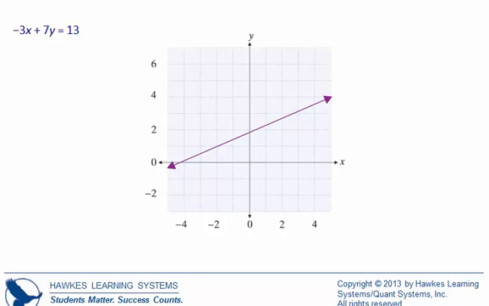Part B of our problem was to have an equation, -3x plus 7y is equal to 13, and they're asking us, does this relation represent a function? Remember that the graph looks like what we have on the screen. Also remember that the domain consisted of an infinite number of ordered pairs.